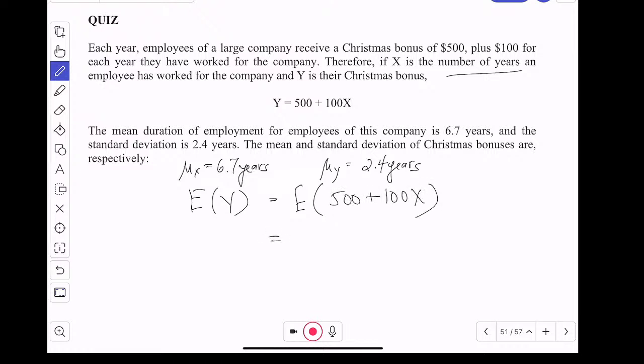Now the E operator, remember, this is the mean, so whatever I do to x, I do to the mean. That was the property that we learned here.